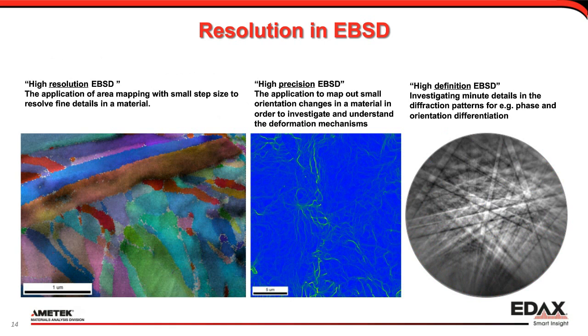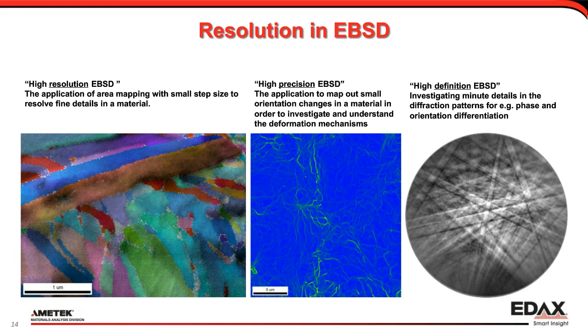For me, that is lateral resolution. High precision is an alternative name for orientation refinement, for very precise orientation measurements. And using high resolution EBSD patterns, I would propose to call it high definition EBSD. So at least we know what we're talking about.